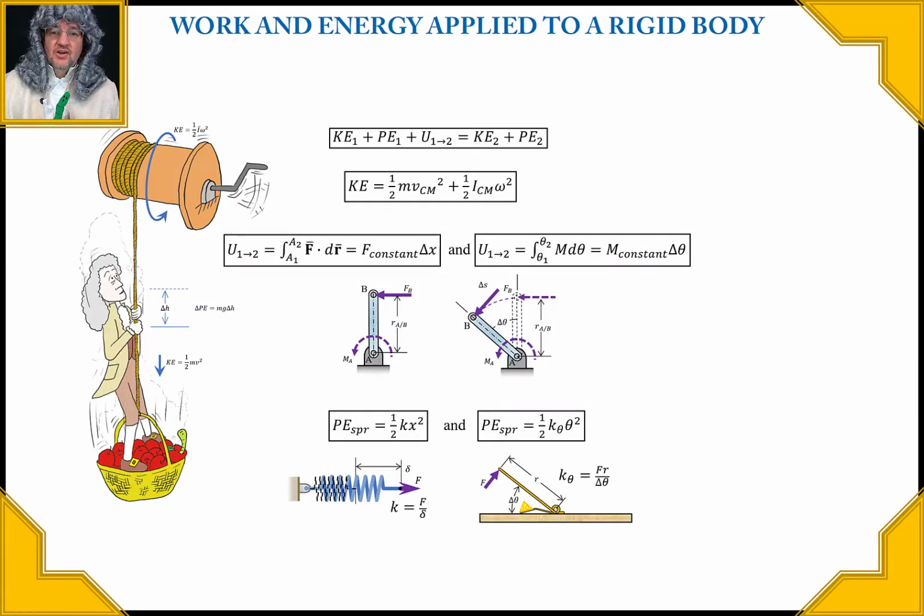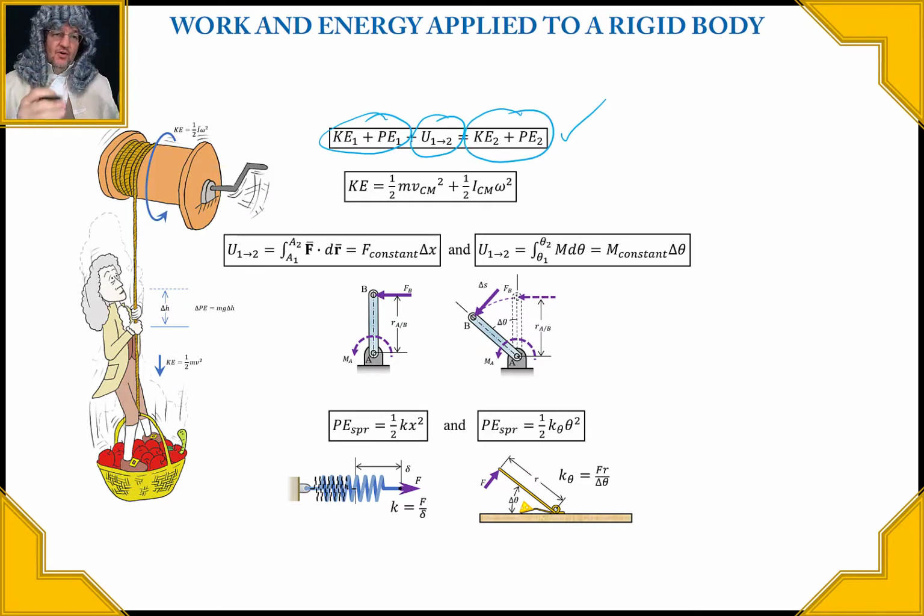Okay, so here are work and energy applied. I put all these things onto one page. Here is the big equation for work and energy: the energy before, plus what happens to it, equals the final energy.